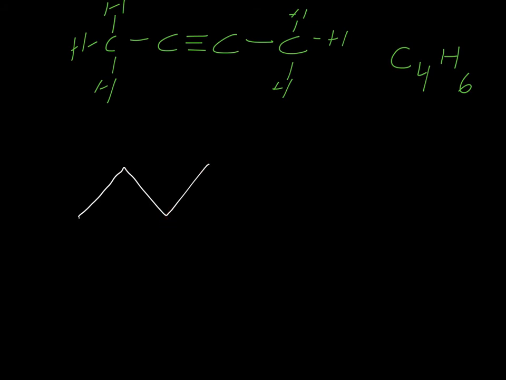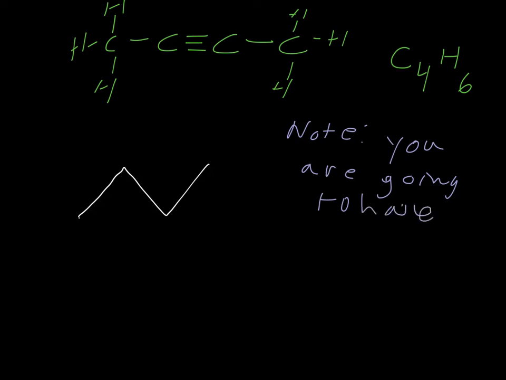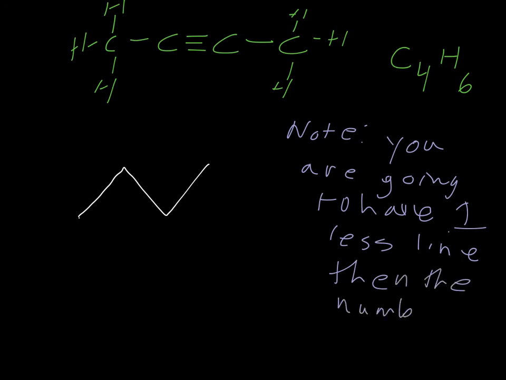One thing that you can always check yourself is, note, you're going to have one less line than you have carbons.